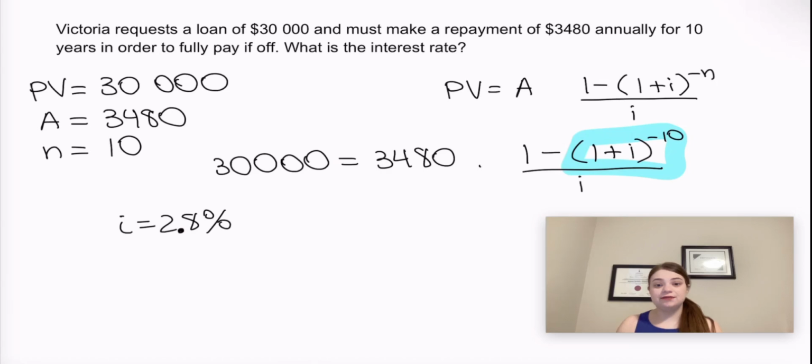And we should get something very, very close, if not exactly, 30,000.